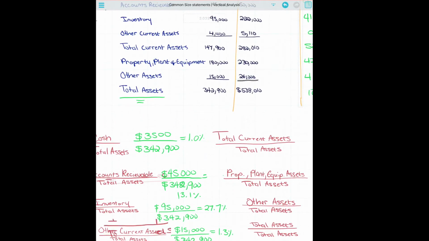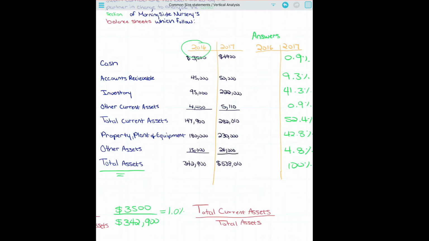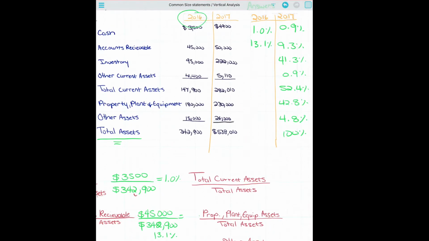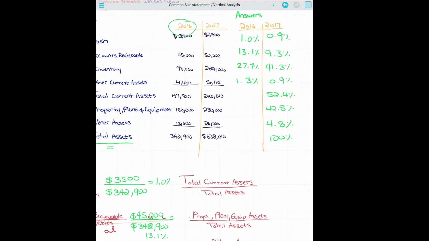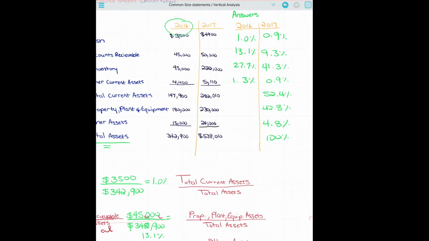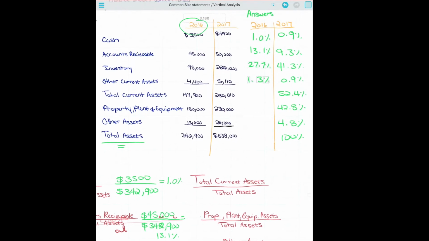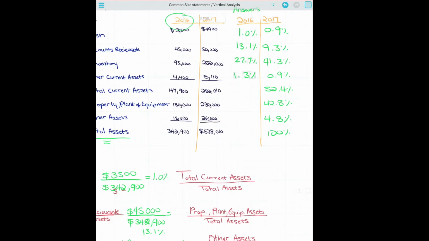Okay, now I'm just gonna write it over here: 1%, 13.1%, 27.7%, 1.3%. Okay, and again, I did do 2017. Go ahead and write down all the accounts in the year 2017 balance amounts, and do it yourself when you have the time.